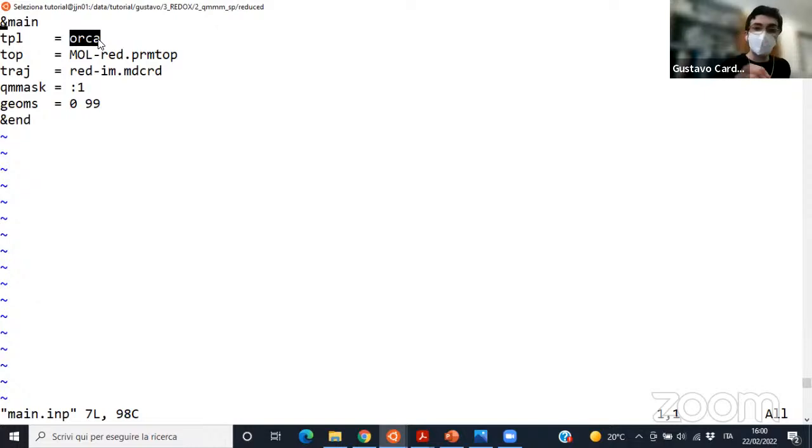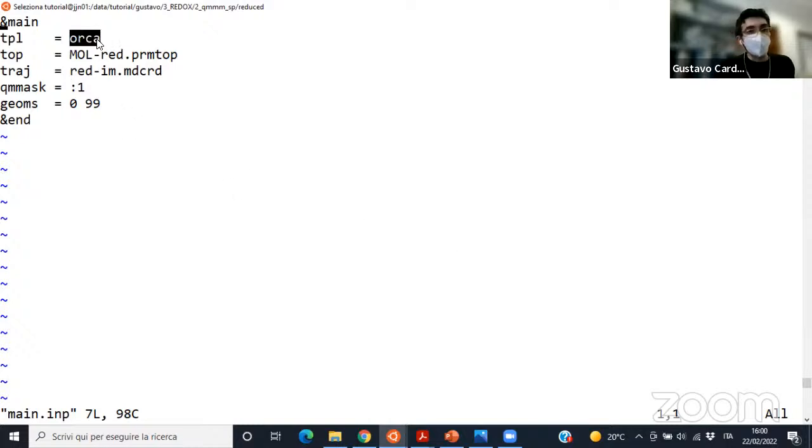An important thing is that you actually don't need to have the software installed here. You can generate the inputs on your PC, then copy them somewhere else and perform the actual calculations there. You could even generate the geometries on your personal PC, like I'm doing right now.